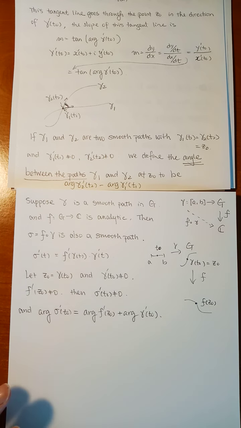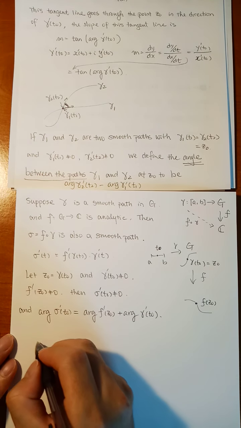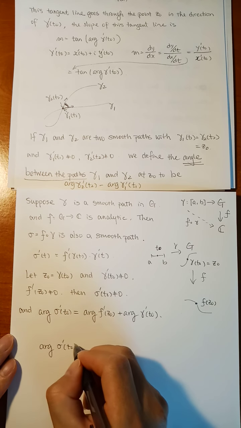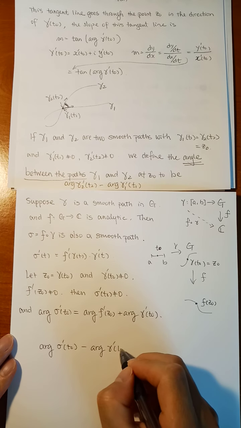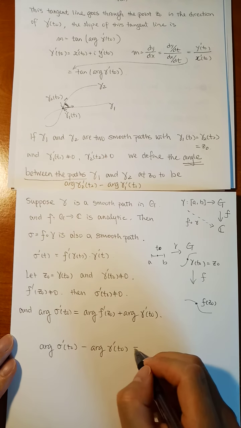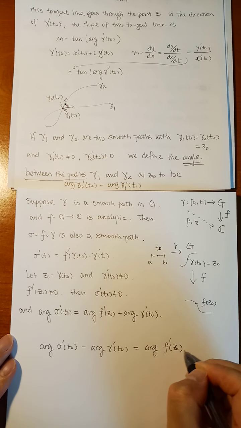Okay, so let's check. We move to the left side, so we get the argument of sigma prime of t0 minus the argument of gamma prime of t0 is equal to the argument of f prime of z0.